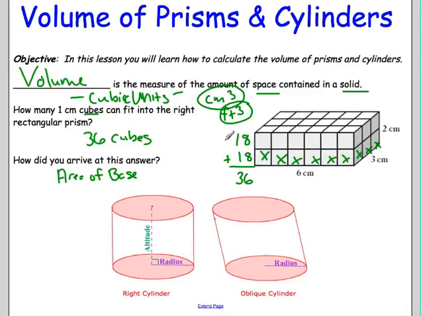One word I wanted to talk about just really quickly is the word right. When you talk about a right rectangular prism, that just means that there's going to be a 90-degree angle between the base and the height of your cylinder. That's going to form a 90-degree angle. There's also something called an oblique cylinder, which means that there's not going to be a 90-degree angle.